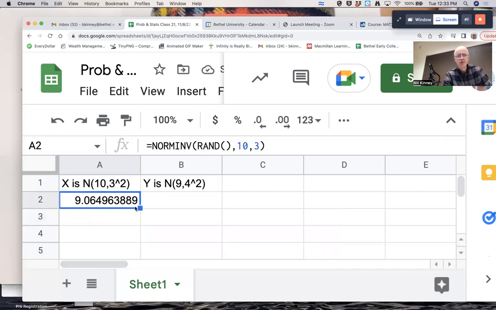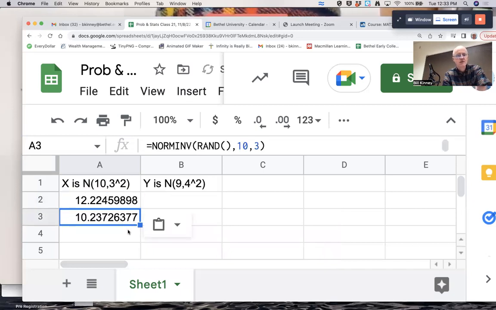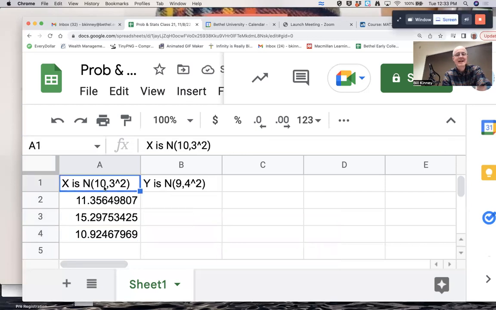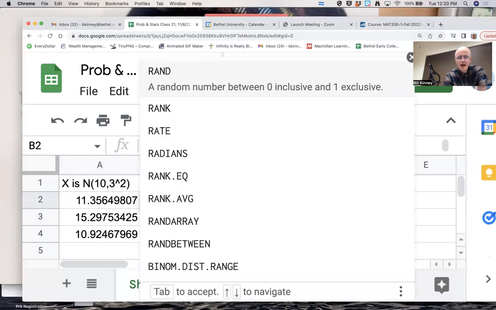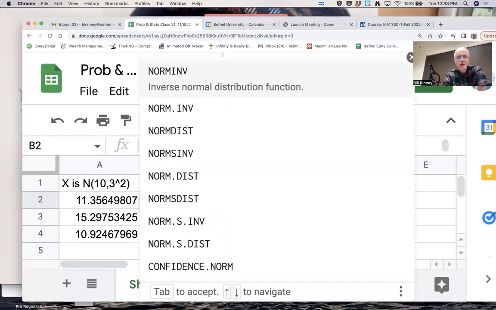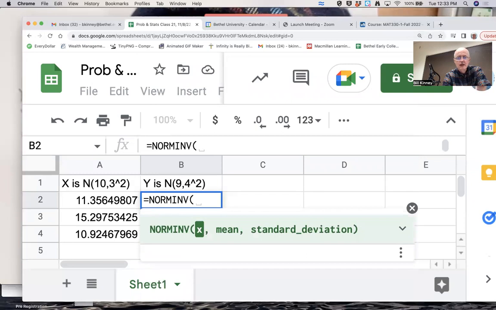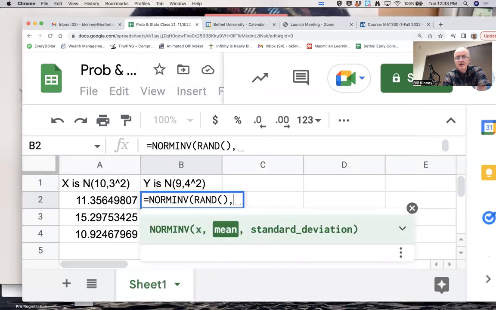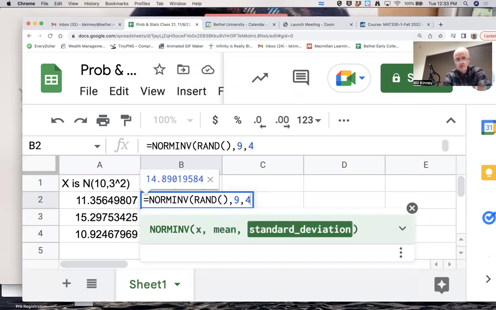And as usual, if you copy and paste, it changes. X's mean is 10 and standard deviation is 3. Can do something similar for y. NORMINV. Now, if we still use RAND here, use a mean of 9 and a standard deviation of 4.